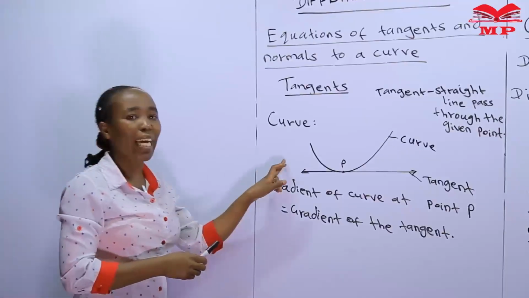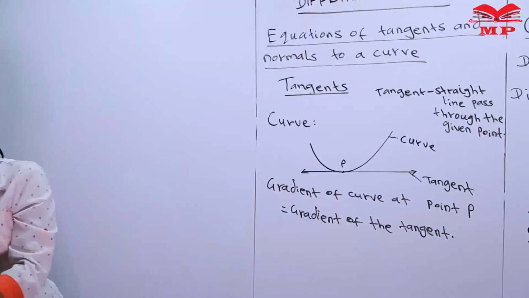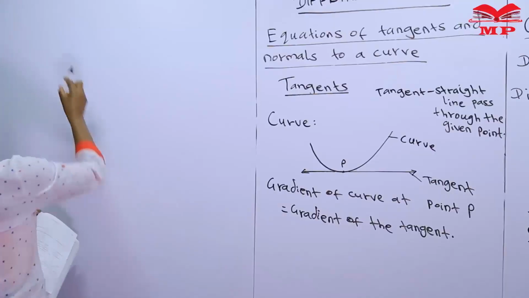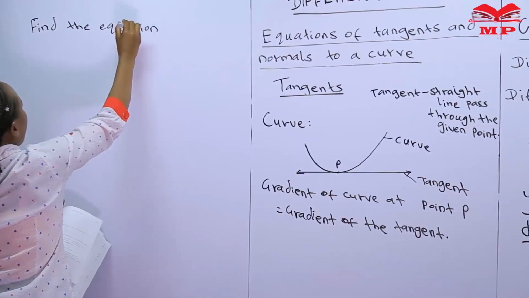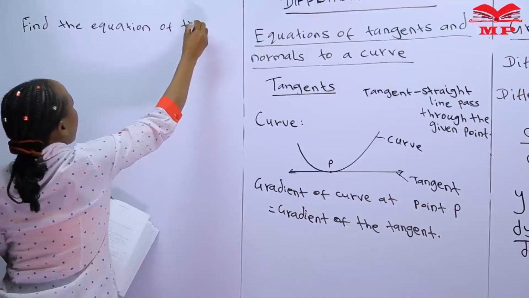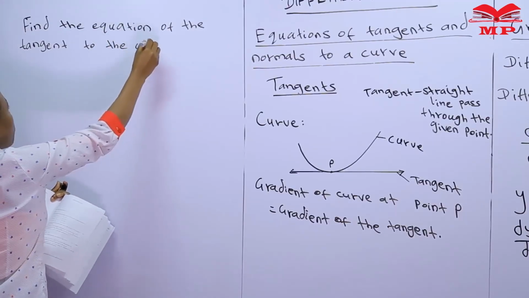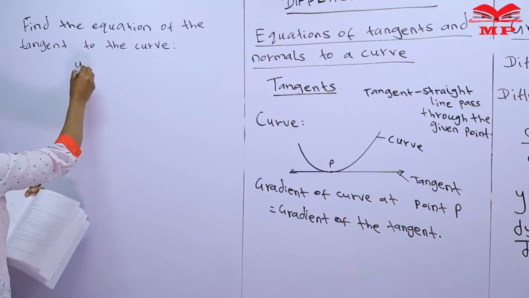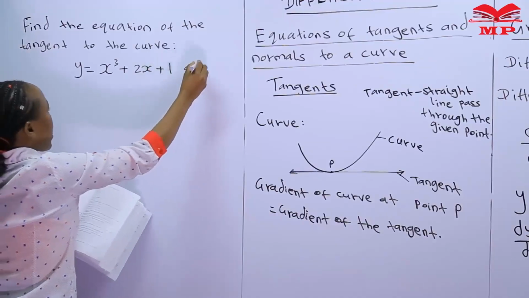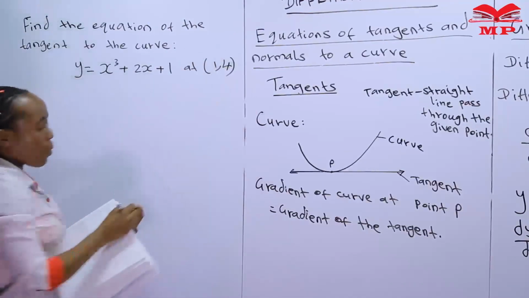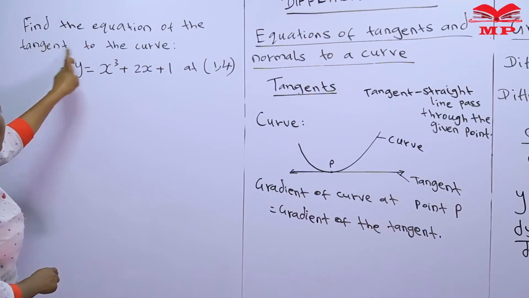Like in this example here, we are told: find the equation of the tangent to the curve y is equal to x cubed plus 2x plus 1 at the point (1, 4).